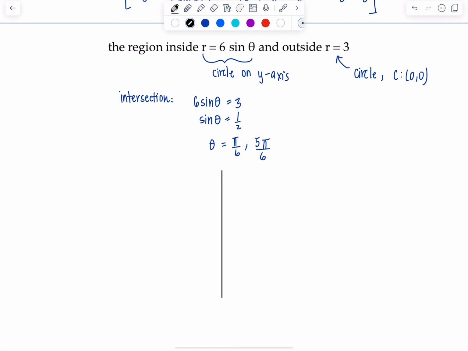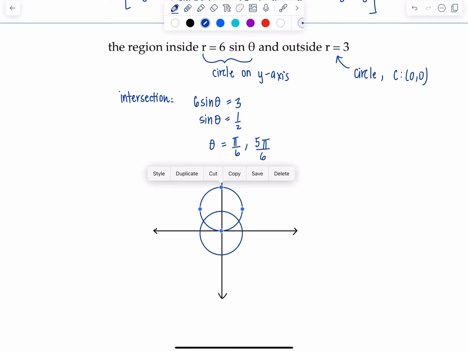So now let's draw the region whose area we're trying to compute here. Circle radius 3, so let me draw that one first. Actually, they both have radius 3, don't they? Copy, paste, and then the other one is sitting up here. Okay, very nice. So this one is 6 sine theta, the one centered on the y-axis.